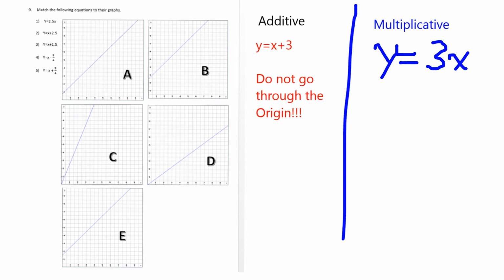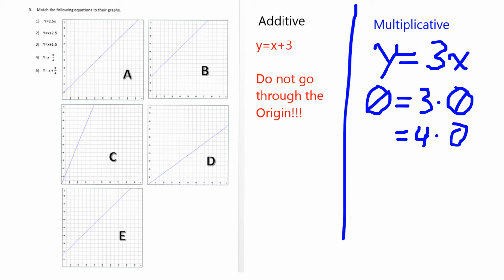I want you to imagine that x were 0. If I multiply x times anything, what is y going to equal? If I multiply 0 times 3, I'm going to get 0. If I multiply 0 times 4, I still get 0. If I multiply 0 times 1.5, I still get 0.